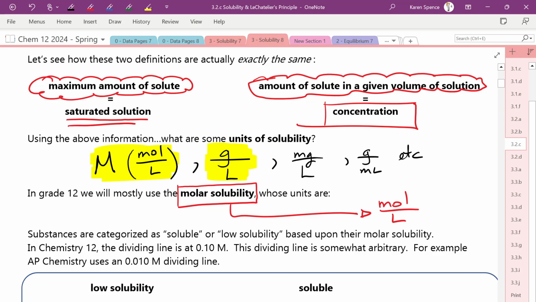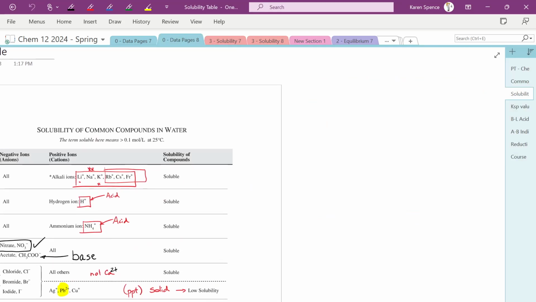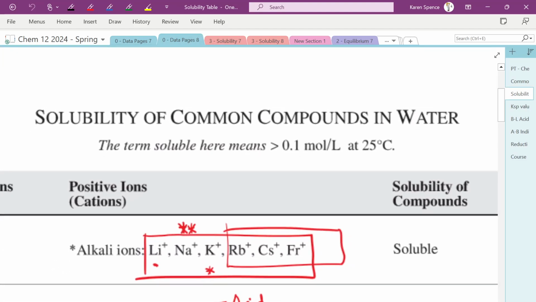Now, if you want to grab your data booklet and go to page 4, just for a second. You'll notice that on page 4, we are talking about the solubility of some common compounds.